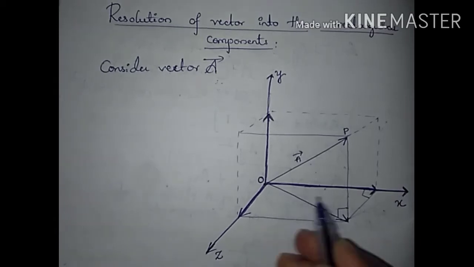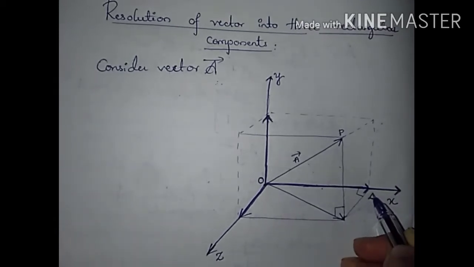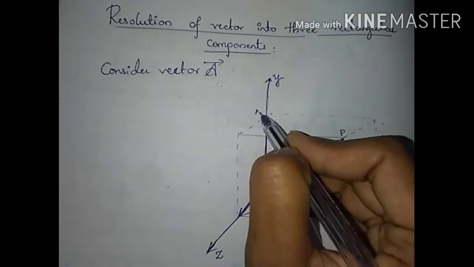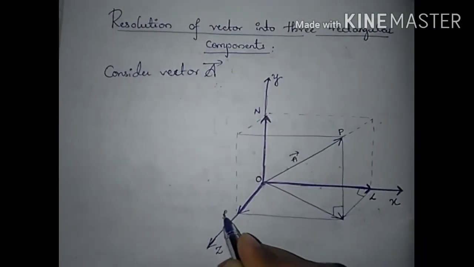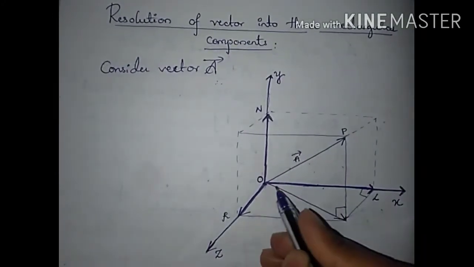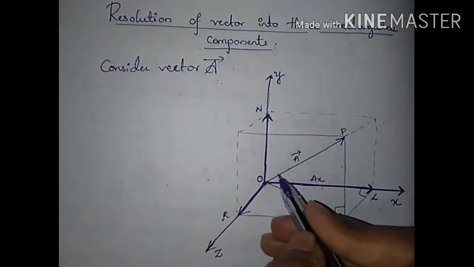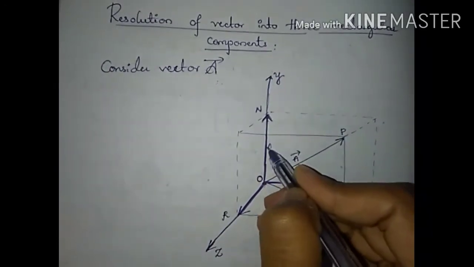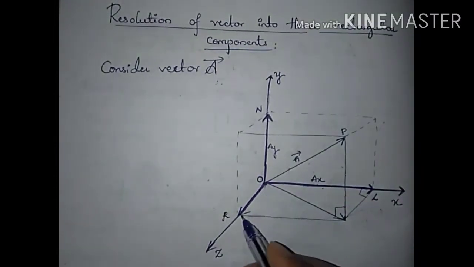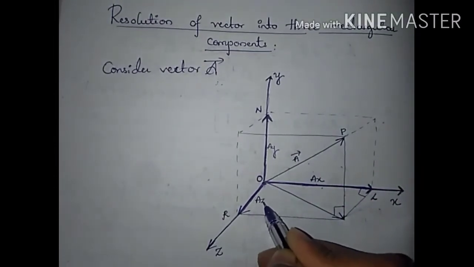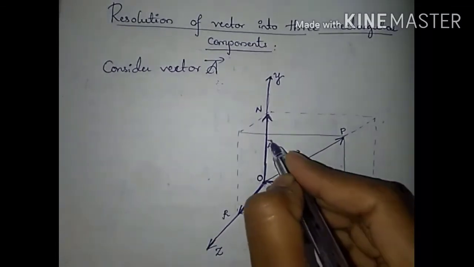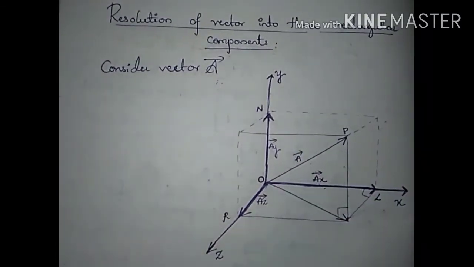Now let us name this. Let this be L, point N, and this be R. So now OL is AX, ON is AY, OR is AZ. Since all these 3 are vectors, we need to write an arrow mark on top of the head.